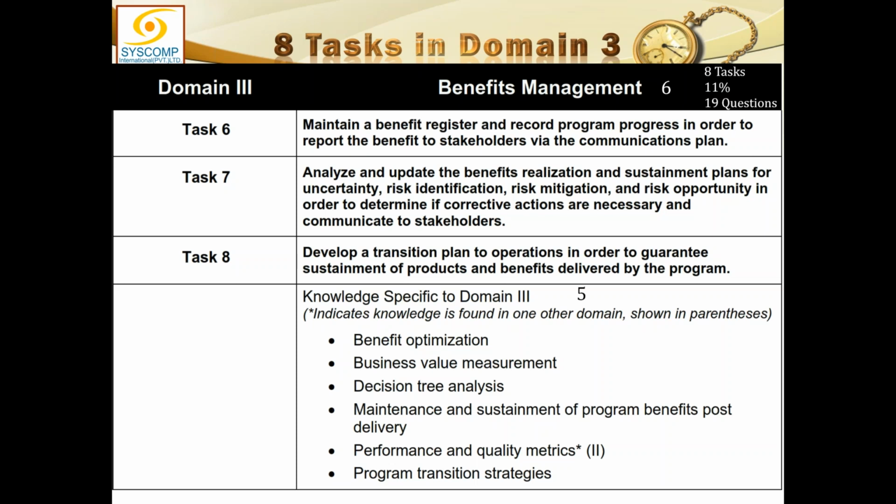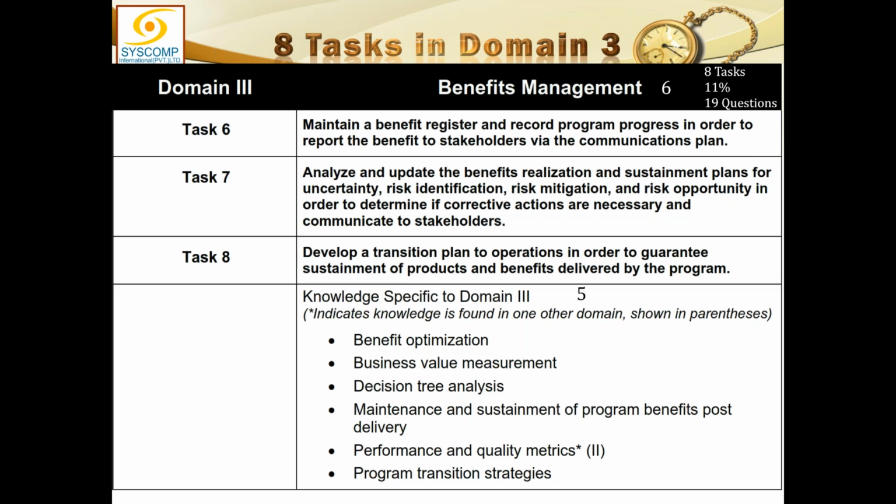But the targets which had been given to you, you have to achieve them in your benefit realization. And that was the point in task number 5, that you must achieve them or exceed them, but do not fall short of them. So all the benefits which have been identified to be realized by the program have been realized and a sustainment plan has been handed over.